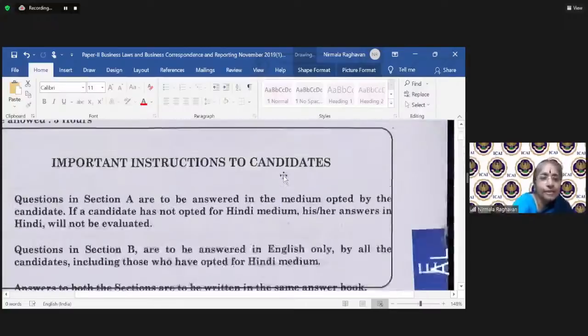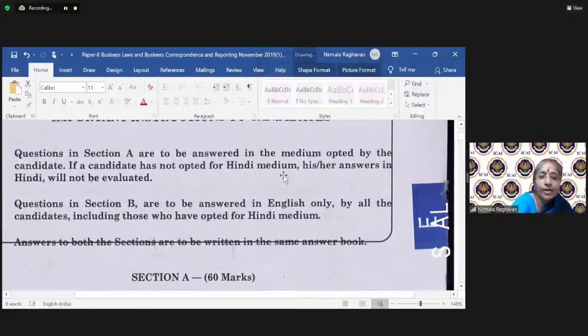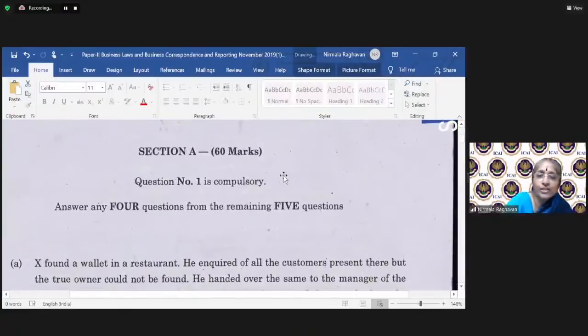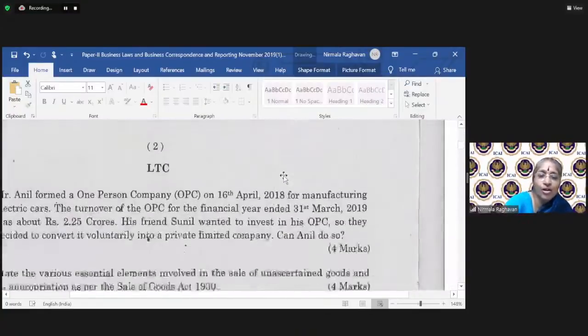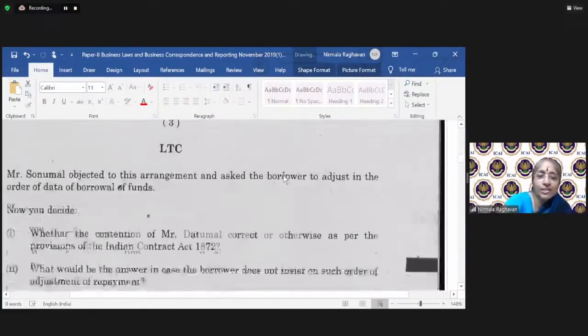Here it is. This is the November 2019 paper. Here are the instructions. Questions in section B are to be answered in English only by all the candidates, including those who have opted for Hindi medium. So answers to both the sections are to be written in the same answer book. This is section A, 60 marks. That's law. We are not discussing that.